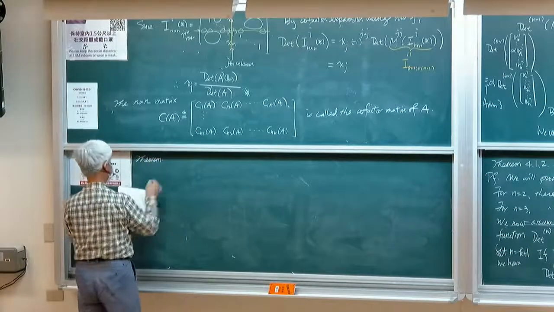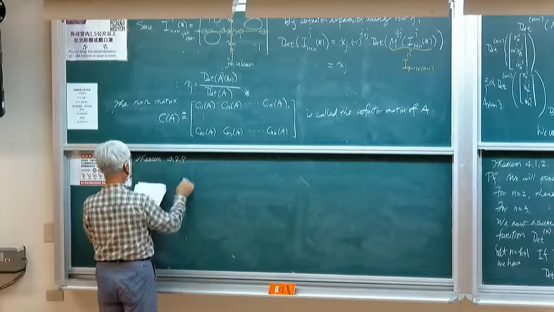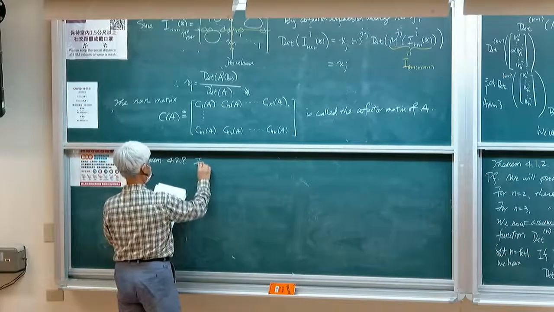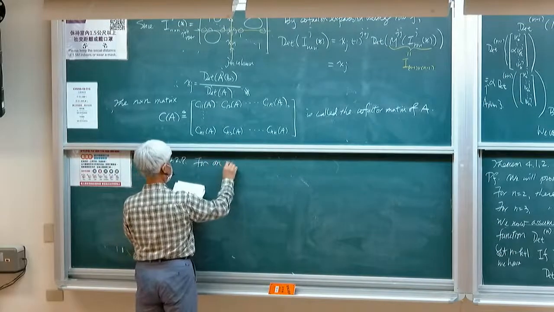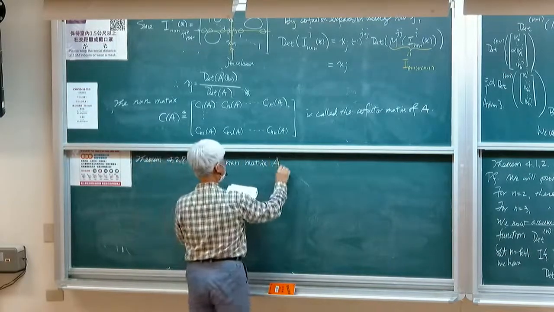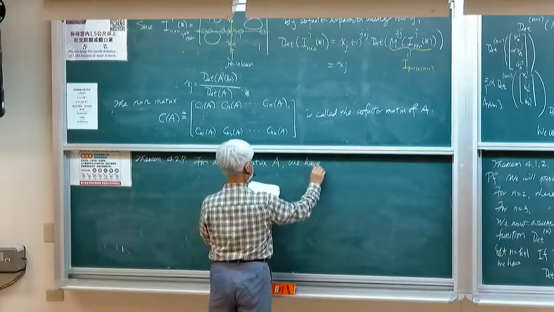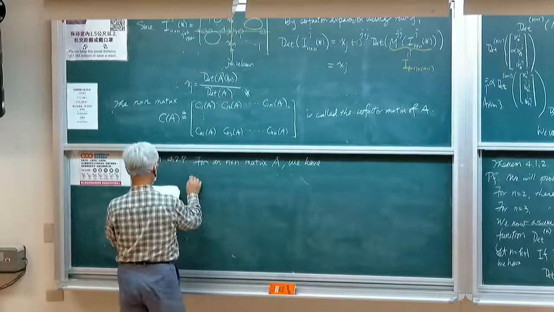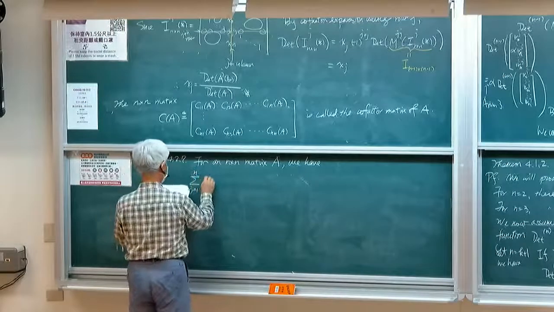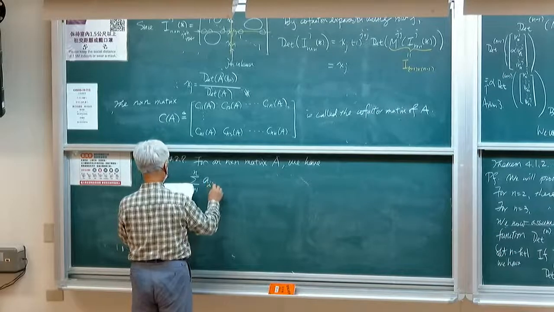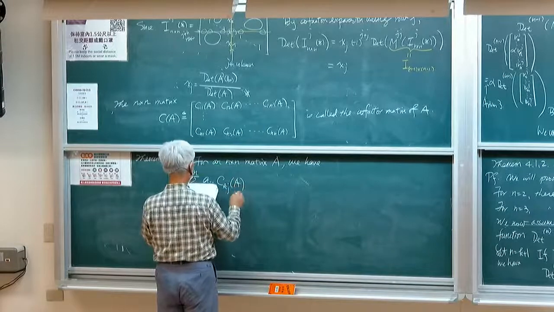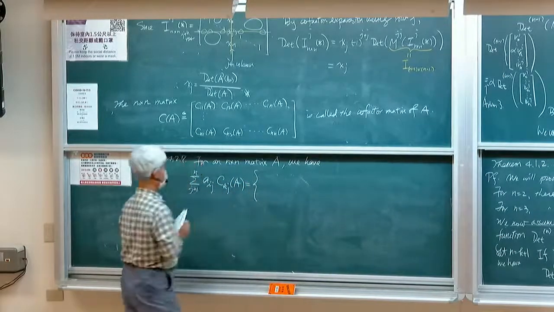Now the next theorem says that for an n times n matrix A, we have the following.